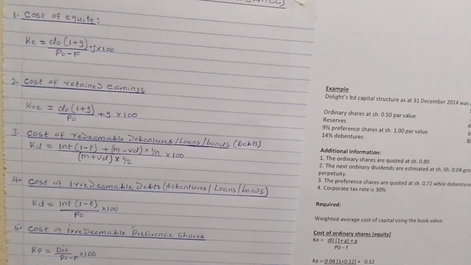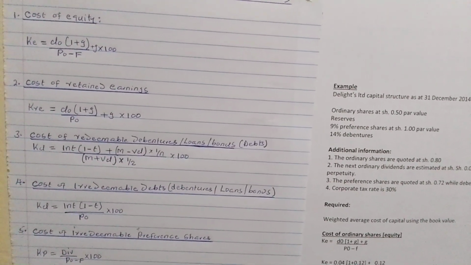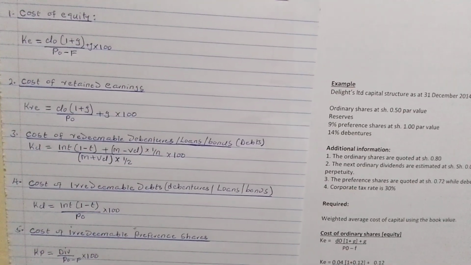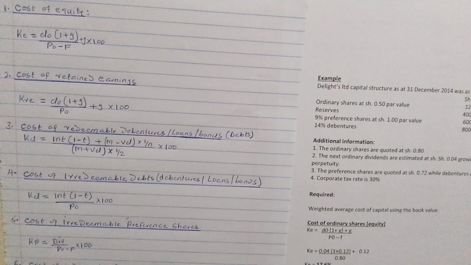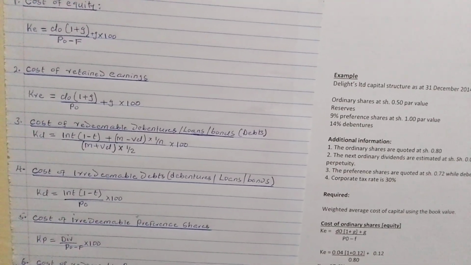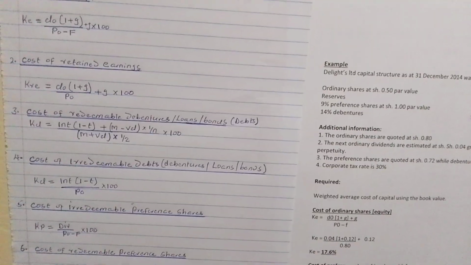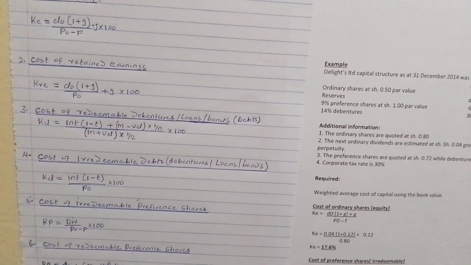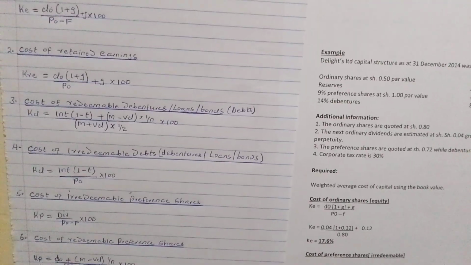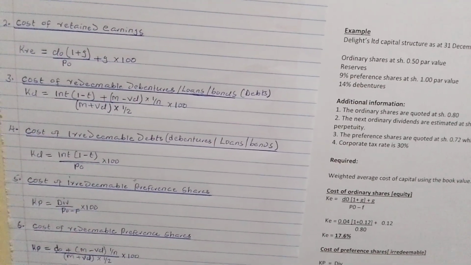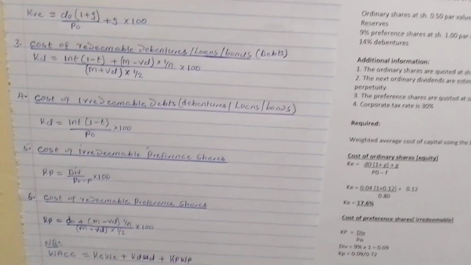That is how to calculate cost of equity, cost of retained earnings, cost of redeemable debts, and we have said debts comprise bonds, loans, and debentures. Then cost of irredeemable debts, that is either debentures, loans, or bonds. Then cost of irredeemable preference shares and cost of redeemable preference shares.